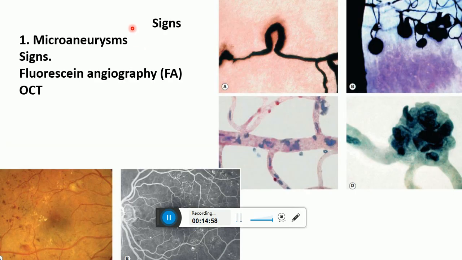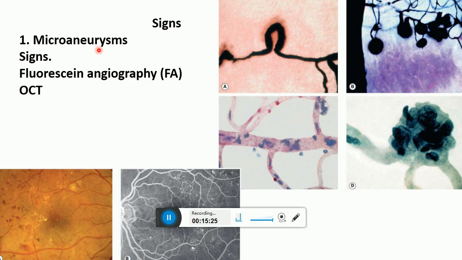So there are many signs in diabetic retinopathy, depending upon the severity of diabetic retinopathy. The first one is microaneurysms. They are localized outpouching, mainly saccular, of the capillary wall.